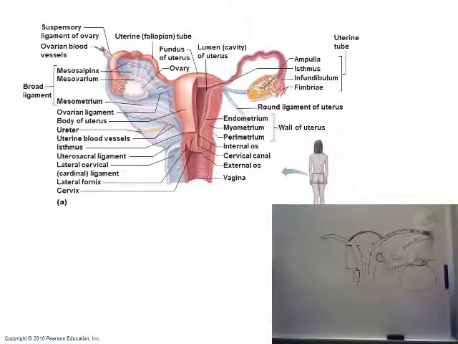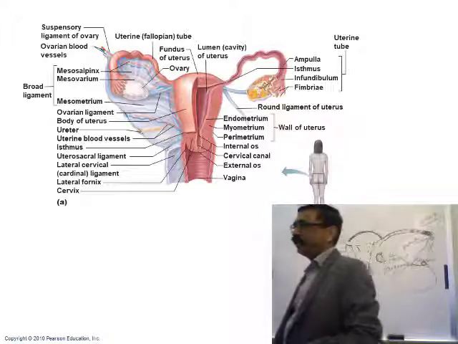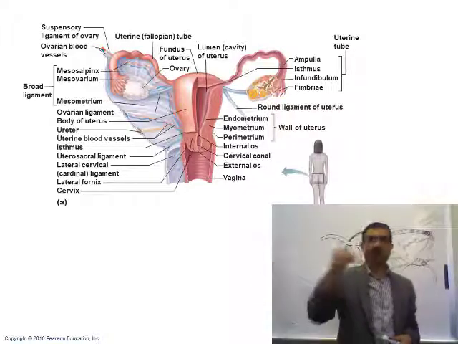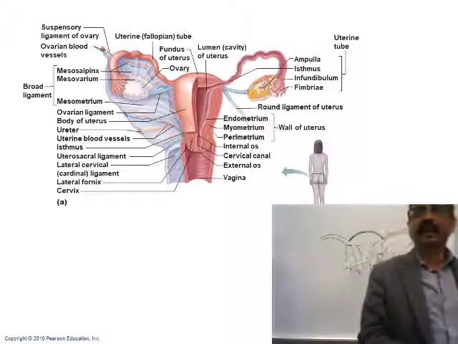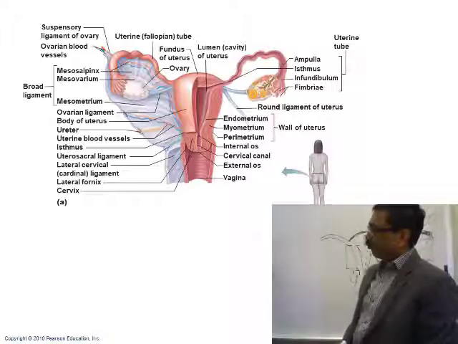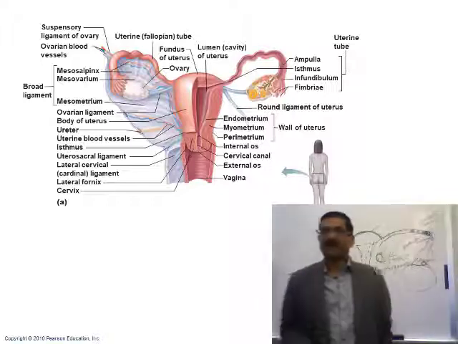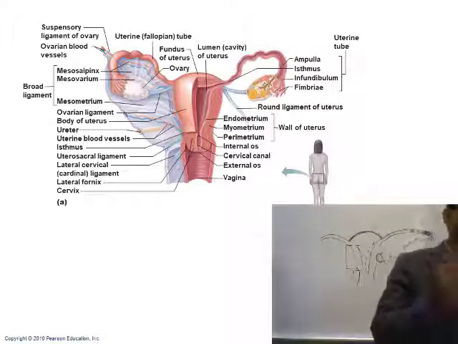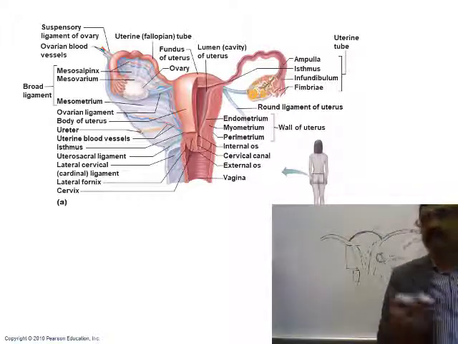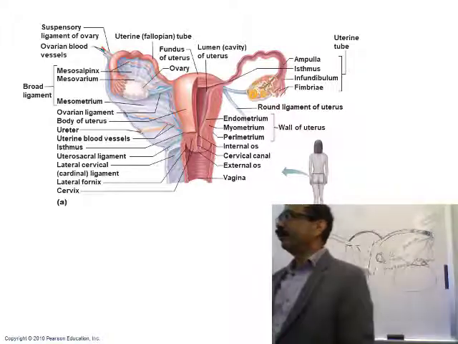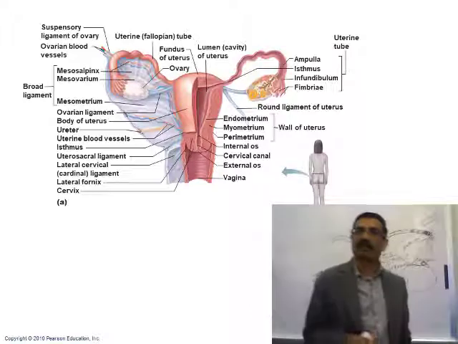And then the lower end is called the cervix of the uterus. Inside the cervix, the passage is called the cervical canal. Very simple.